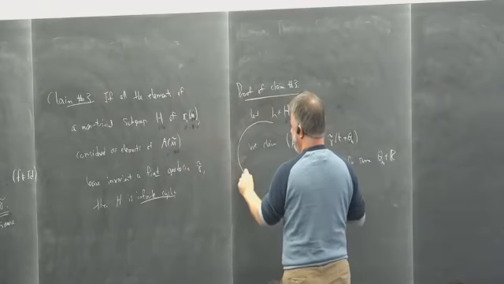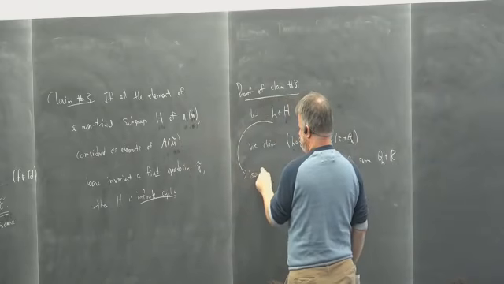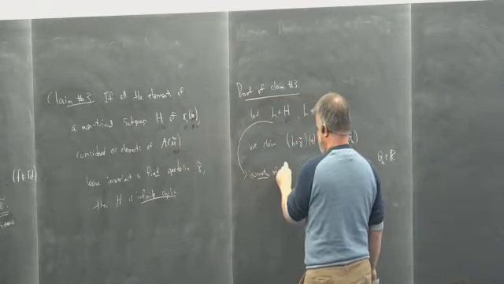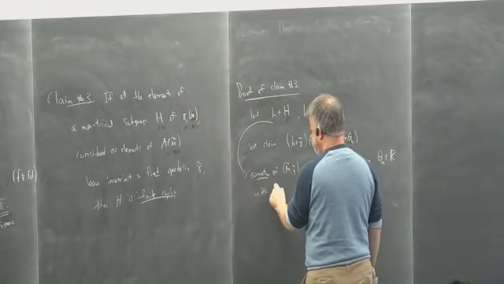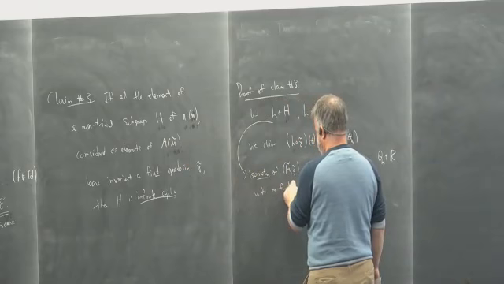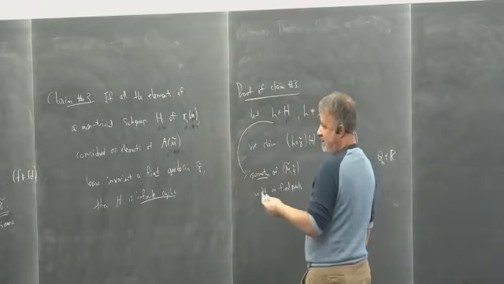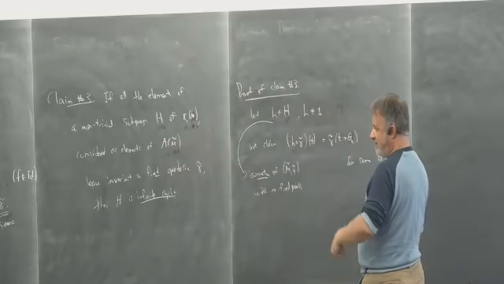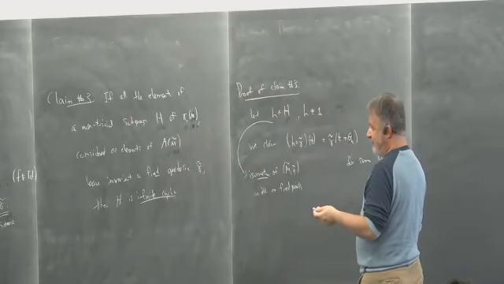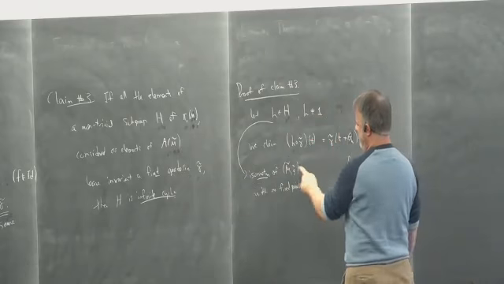So this is an isometry of the universal cover with no fixed points, right? Because the deck transformations is exactly the group of covering transformations. If it's not the identity, then it has no fixed points, and they're all isometries of the universal cover.